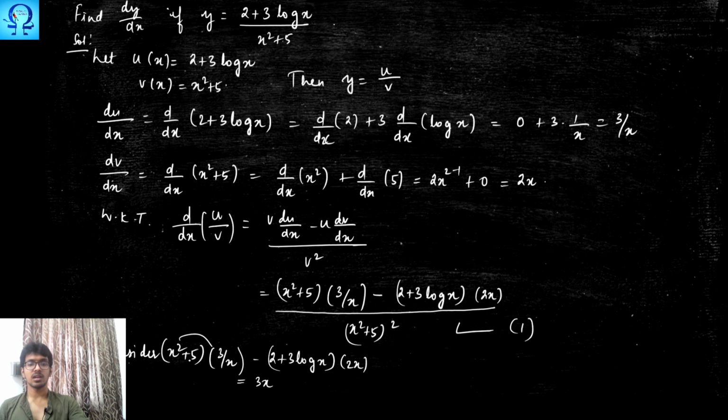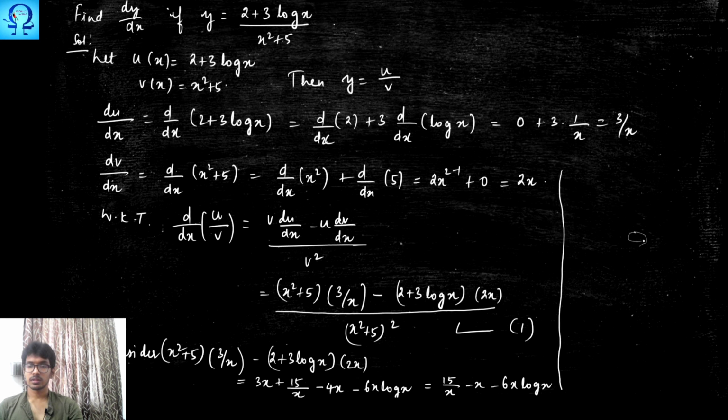The x in the denominator and the x in the numerator get cancelled, and you will have 5 times 3, that is 15/x, and minus 2 times 2x happens to be minus 4x, minus 6x log x. Do we have anything to simplify here? Yes, of course: 3x minus 4x, which happens to be minus x. So this may be written as 15/x − x − 6x log x.